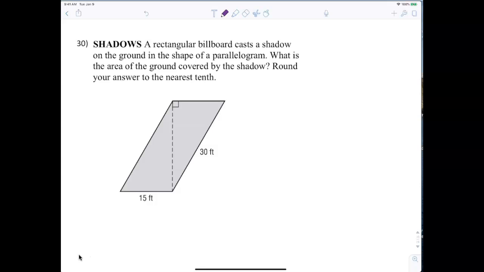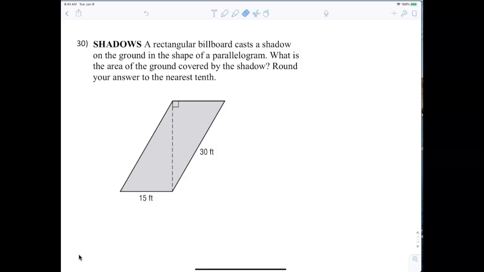What is the height? Somebody said 15 radical 3. Who said that? How did you know? How do I know that? Yeah, but not all 90-degree angles are 30, 60, 90. So let's look over here just to make sure.